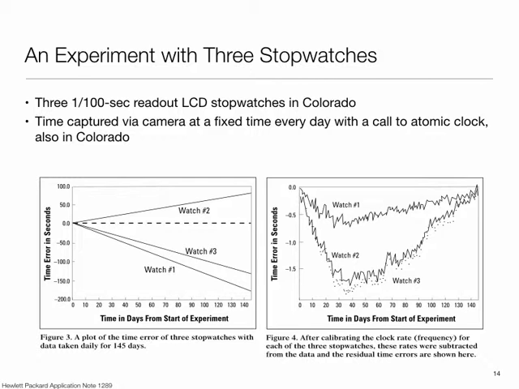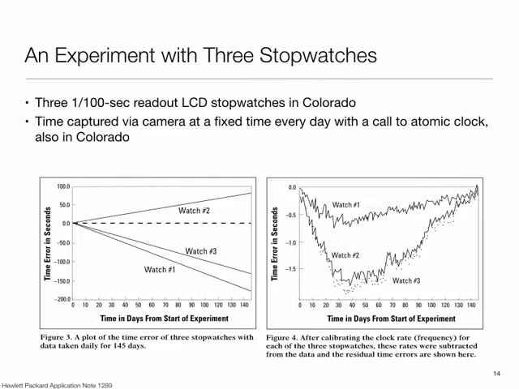What they did was capture, using a camera, what these stopwatches were showing at a fixed time every day, with the camera itself operating with reference to an atomic clock. So the camera is sampling accurately. At some point in time, the watches were perfectly synchronized, and what you see is how they drift apart. The horizontal line is what they should have been, and each one of them is drifting away.